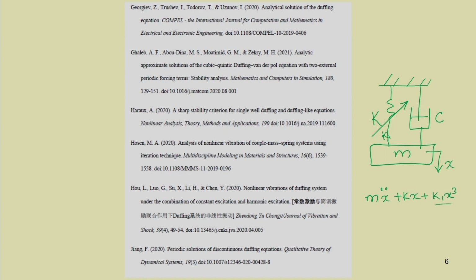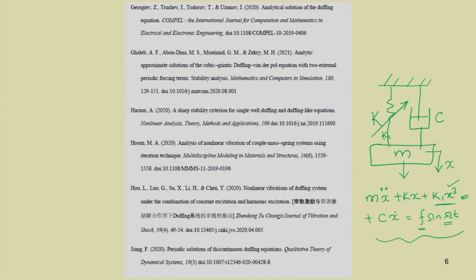If I am taking cubic order nonlinearity and a force is applied to the system, then with damping you can write c x dot equal to F sin omega t, where F is the amplitude of the forcing and omega is the frequency of the forcing. Here you just see this term k1 x cube. This represents the cubic nonlinearity, and this is the forced Duffing equation.